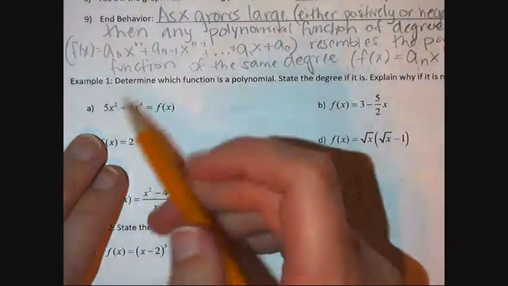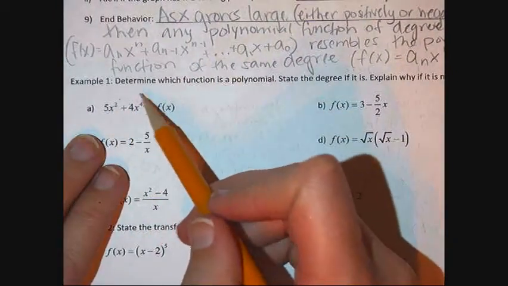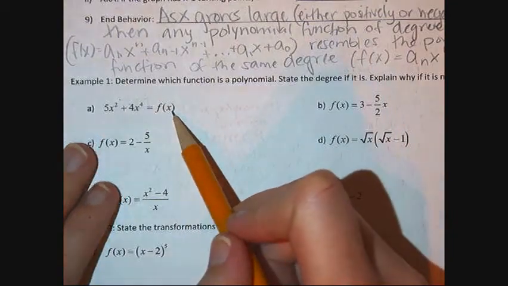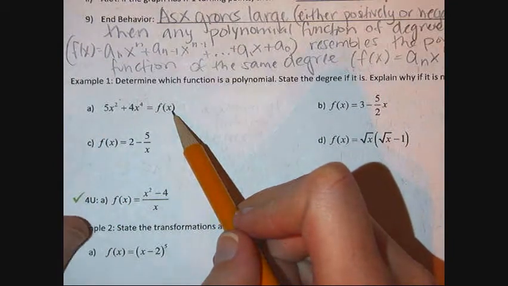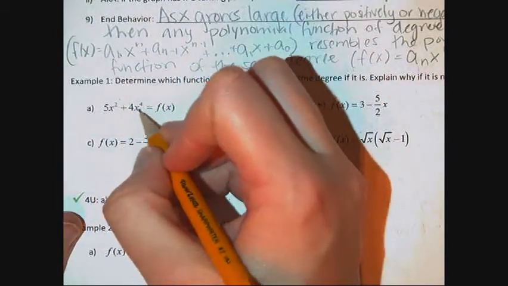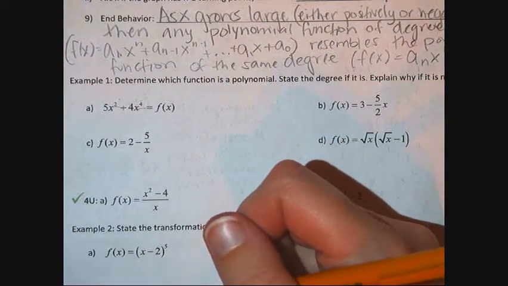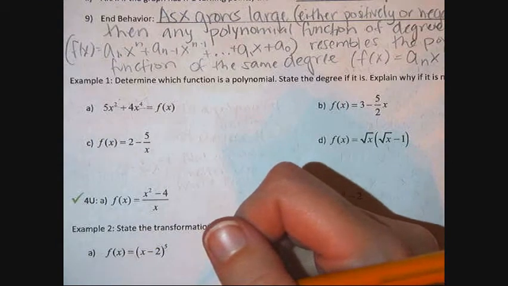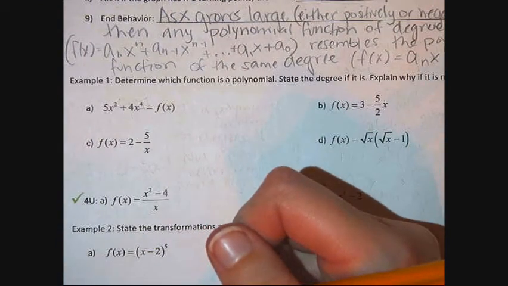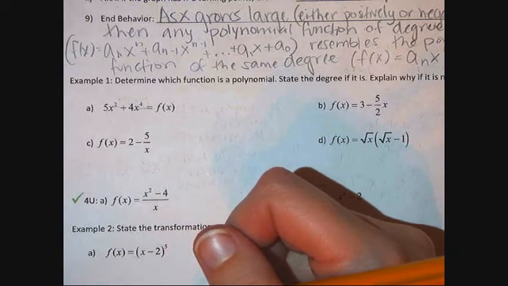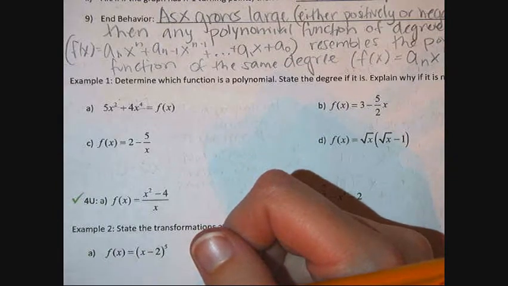If we look at example number 1, we have f of x equals 5x squared plus 4x to the 4th power. So let's start with our exponents here. We have exponents of 2 and 4. Both 2 and 4 fit our criteria of being non-negative. And they also fit our criteria of being whole numbers.